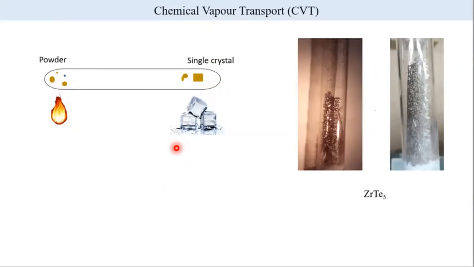You allow the molecules to sit properly one by one, and you leave the whole system undisturbed. These are the two very important conditions. And to grow a single crystal, the material has to be in molten form, and very slow cooling is also important.